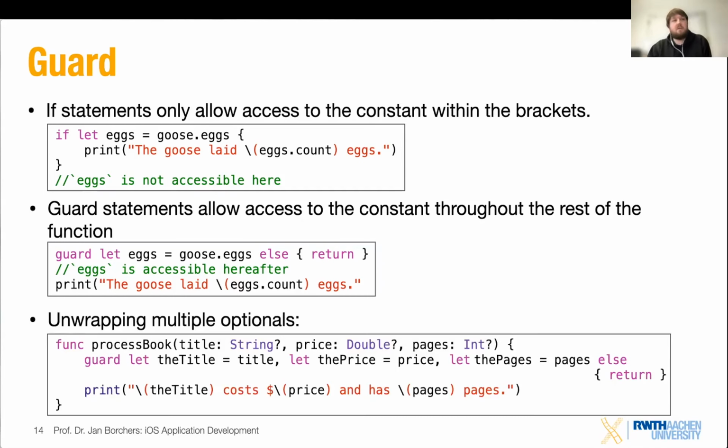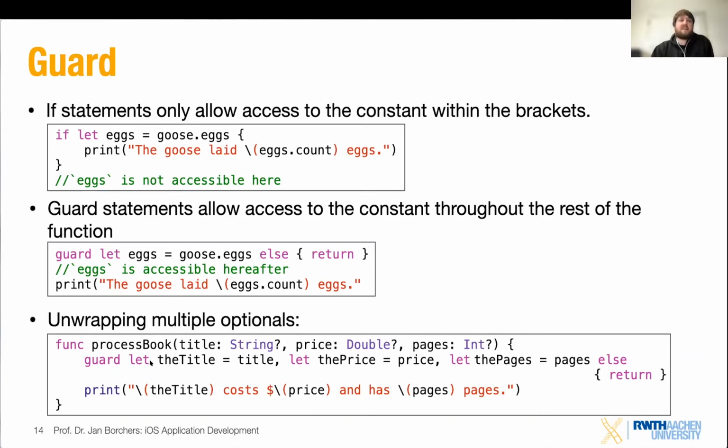And it's also possible, similar to the if-let statement, to do the unwrapping multiple times in one call. So here we have a function processBook that gets an optional title, an optional double for the price, and an optional int for pages.